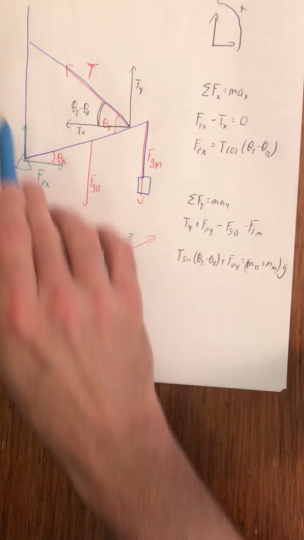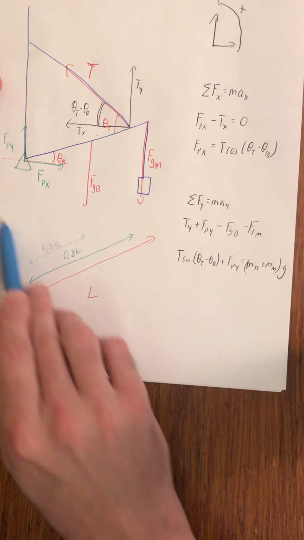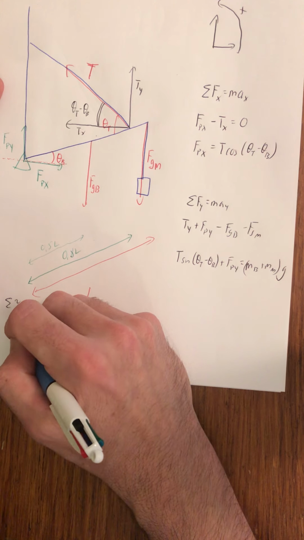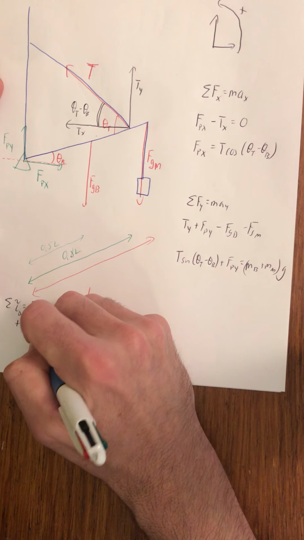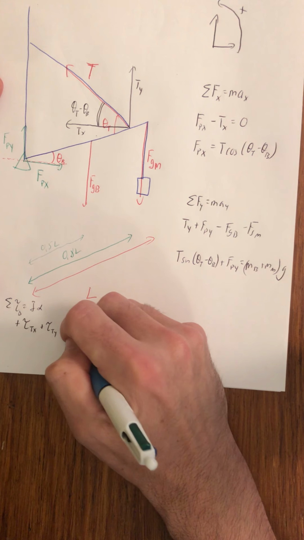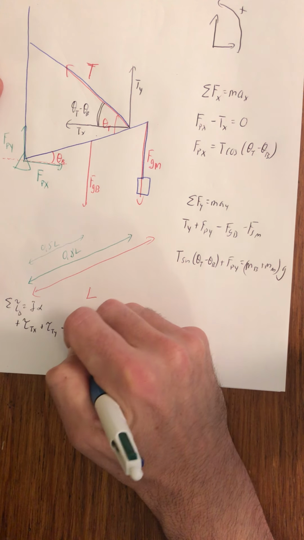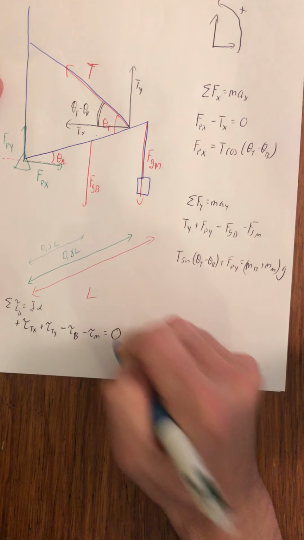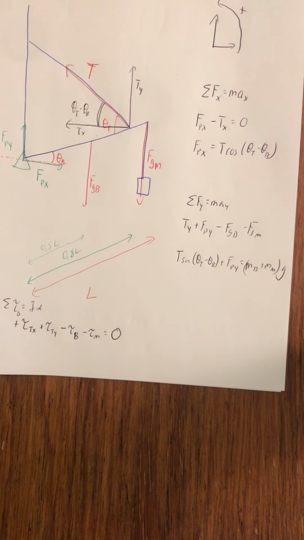Ty positive, Tx positive, Fgb negative, Fgm negative. So I'm going to have a positive torque due to Tx plus a torque due to Ty minus a torque due to B minus a torque due to M equals 0. So a couple of things there.